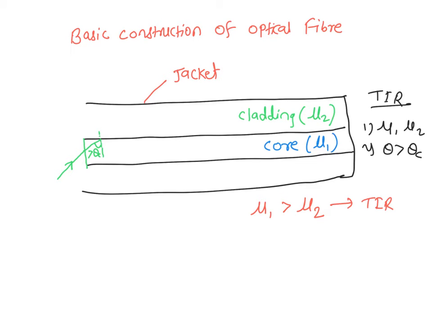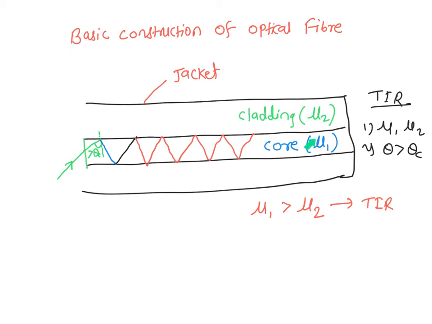Then the light ray will get reflected like this, and multiple reflections will take place. All the reflections will be at an angle greater than the critical angle. And then what will happen? The whole of the light will remain in this particular section only.